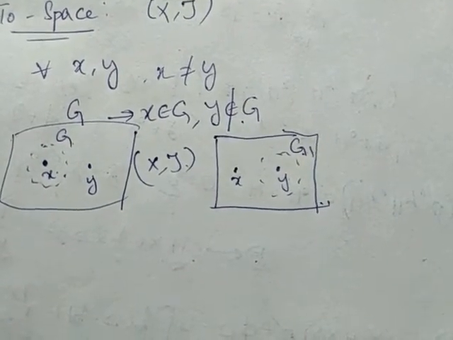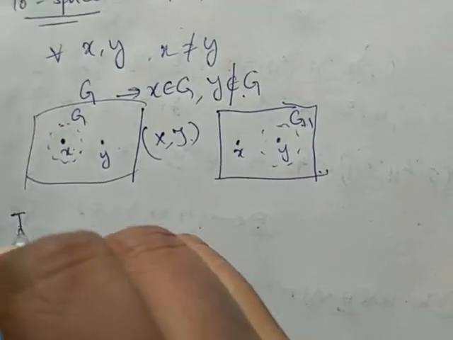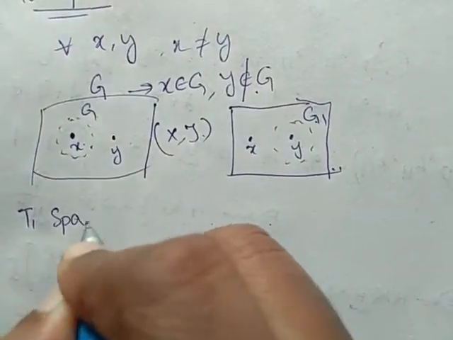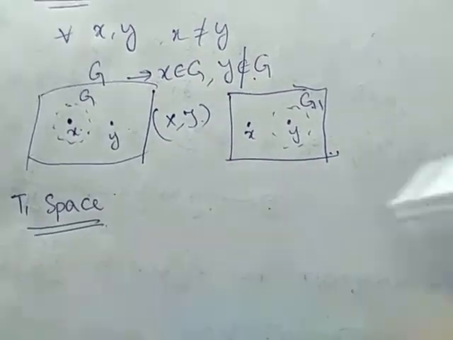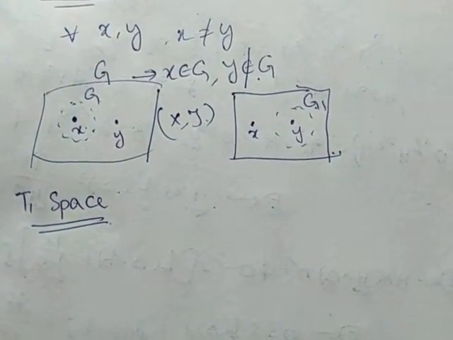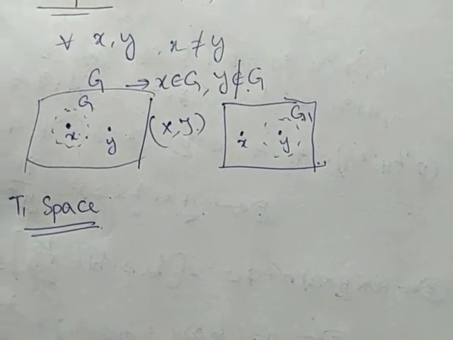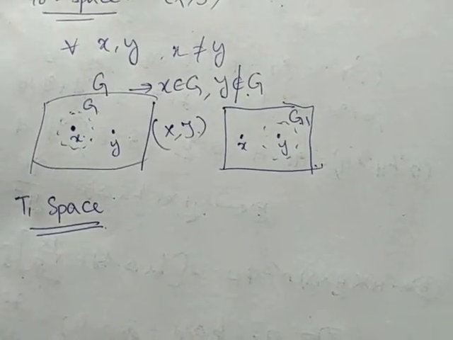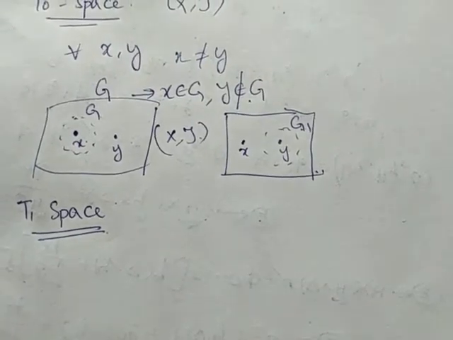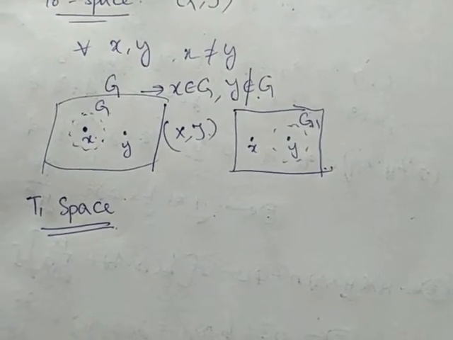Now we are going to see what is T1 space. In T1 space, again for a topological space (X, tau), we have two distinct points x and y. There exist two open sets.